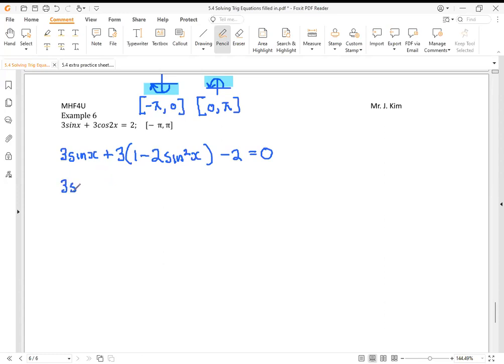This becomes 3 sine x plus 3 minus 6 sine squared x minus 2. And if I were to rearrange it so that my squared term is first, minus 6 sine squared x, positive 3 sine x, and 3 minus 2 is a positive 1.